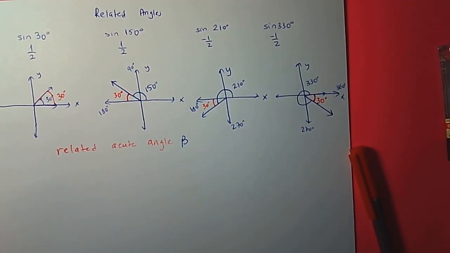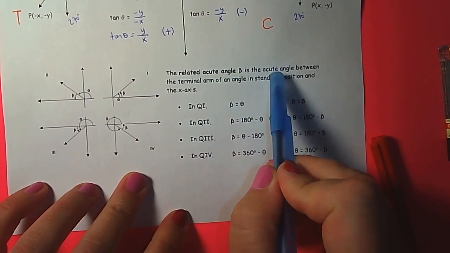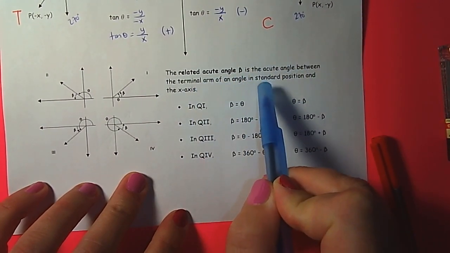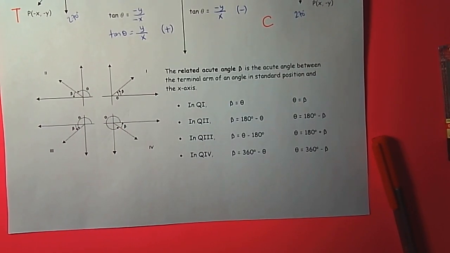The angles that have the same related acute angle are considered related angles, and their sine ratio, cosine ratio, and tangent ratio will have the same numerical value. However, two of them will be positive and two of them will be negative. The related acute angle beta is the acute angle between the terminal arm of an angle in standard position and the x-axis. This is just a summary.